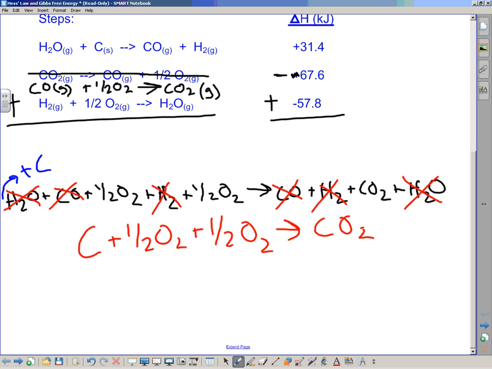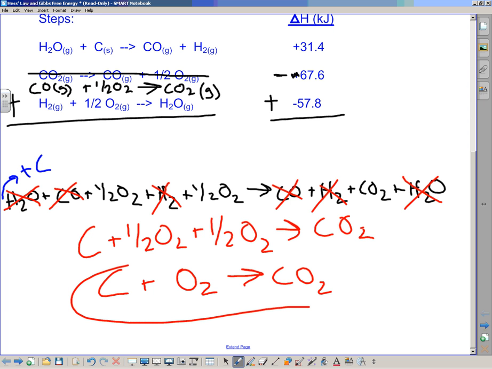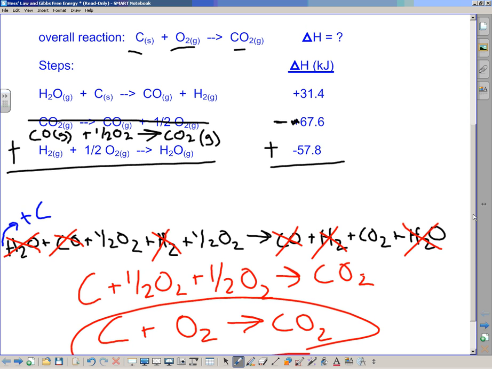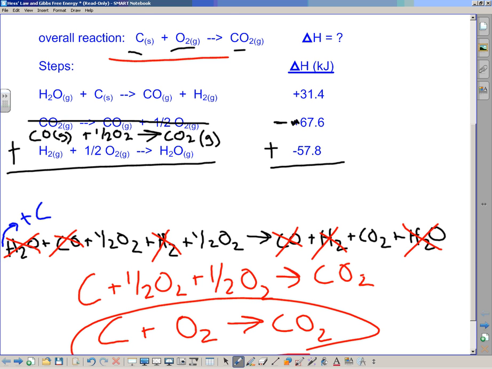Obviously, we're not going to leave them as halves. We're going to combine it together and just have one oxygen there. Like so. Okay? That is what we were trying to get up at the beginning, yes? Okay, these reactions match. That's a good thing. That tells us we got what we needed.